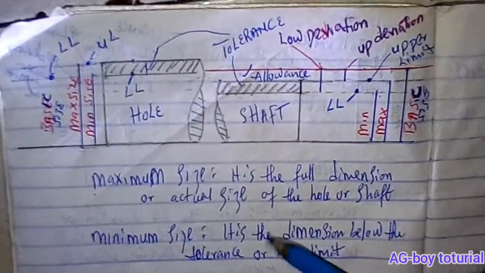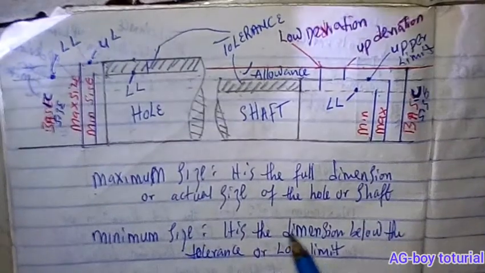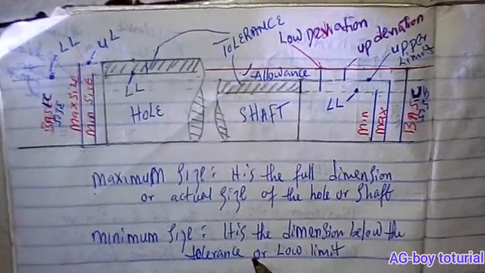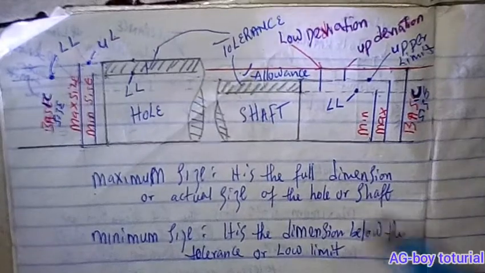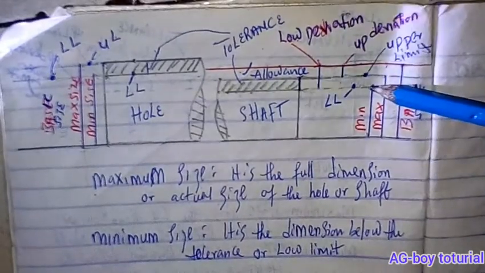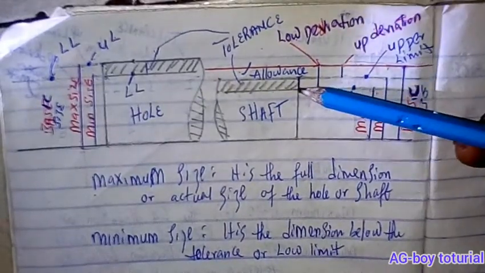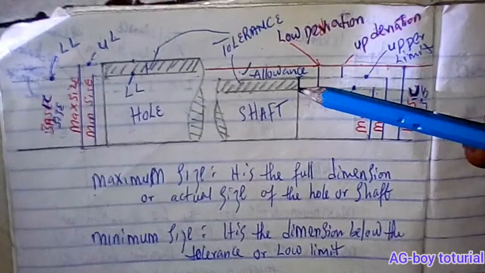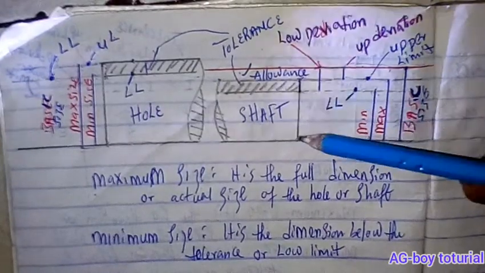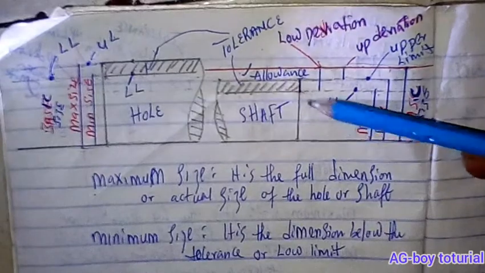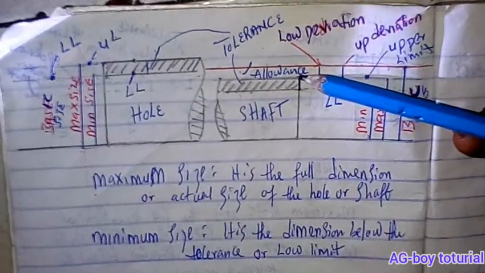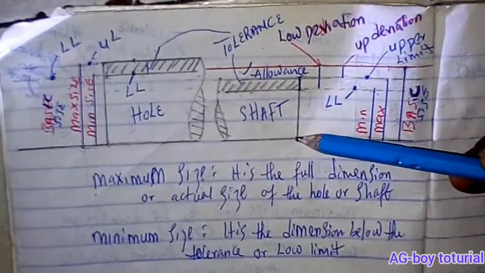Then the minimum size is the dimension below the tolerance or limit. That is my lower limit, below the tolerance. From here to here is my minimum size. Then from my upper limit to this side is my maximum size.